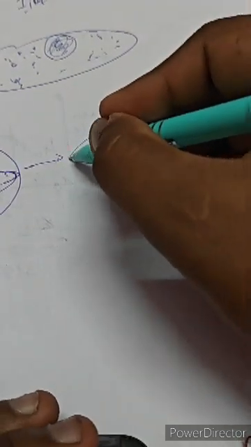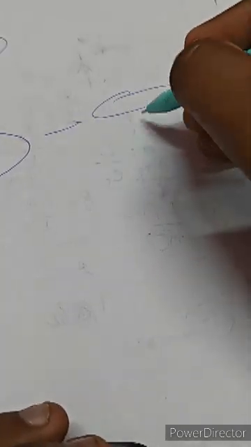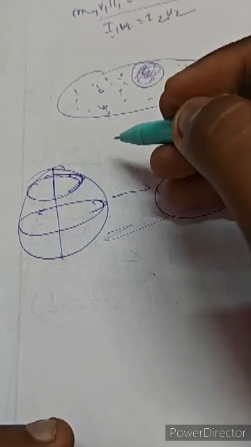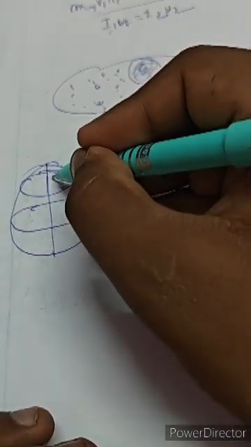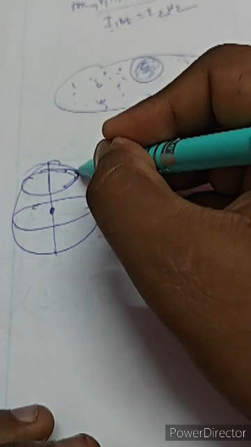For extreme rotation it is flattened, and the sun and other planets are in a flattened system, because our solar system is a flattened system, not a spherical system. Why? For the spin, you know, here it is the center.